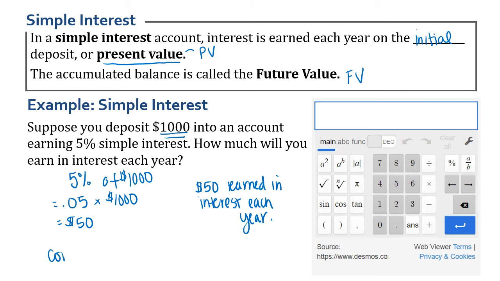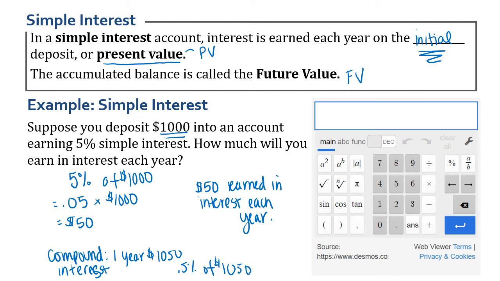If we were doing compound interest, then after 1 year, we would have 1,050. So in a compound interest account, instead of it always just being on the initial value like simple interest, now for that next year, we'd be taking 5% of 1,050.